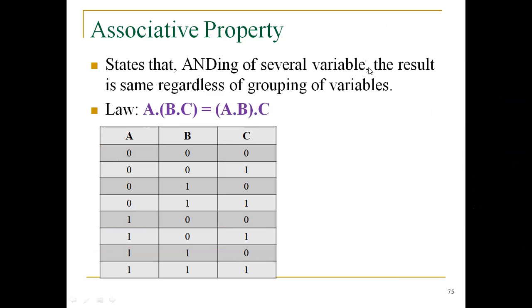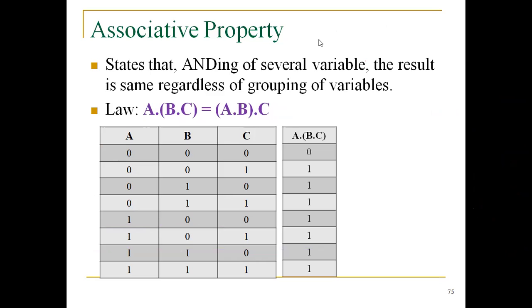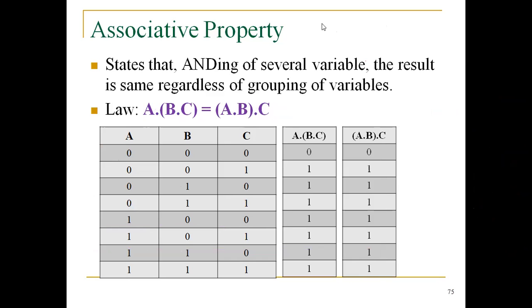Then by using the dot product, the same associative property is explained here, by using the same variables. Here I am taking another example: all variables are 1, A equal to B equal to C equal to 1. Or you can take any other values. So what is the law?